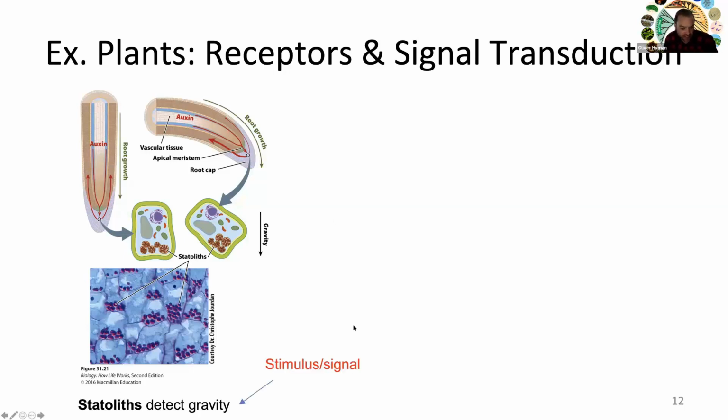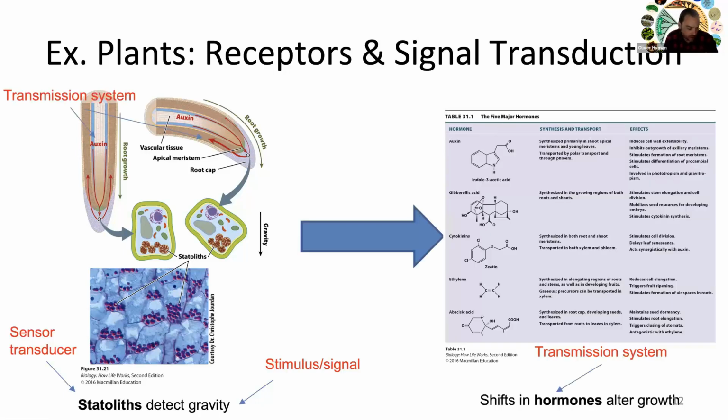So in this case, we have a stimulus or a signal. In this case, it's gravity. We have a sensor or transducer. This is the statoliths that translate gravity into another signal that the plant can interpret. And that is translated into hormones, the transmission system. In this case, auxin is the hormone, but plants don't have a central nervous system, okay?